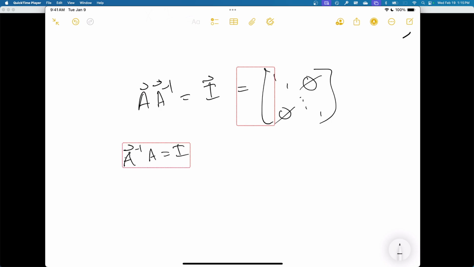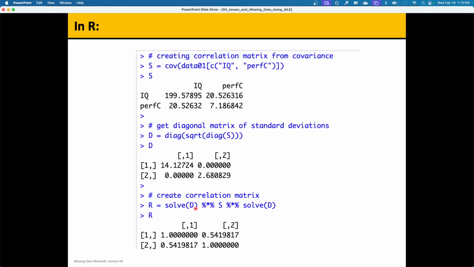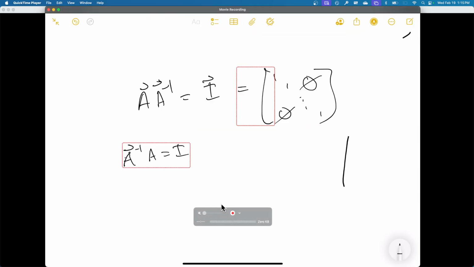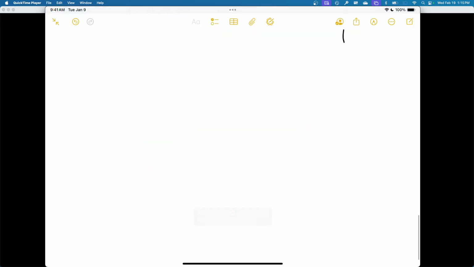So we're talking about correlation and covariance. D is a diagonal matrix, only has numbers down the diagonal. When we take the inverse of the diagonal, it's like taking 1 over each of the terms in it. And so what happens is we take S, in this example, and again, I'm doing this just to elaborate matrices for a second.